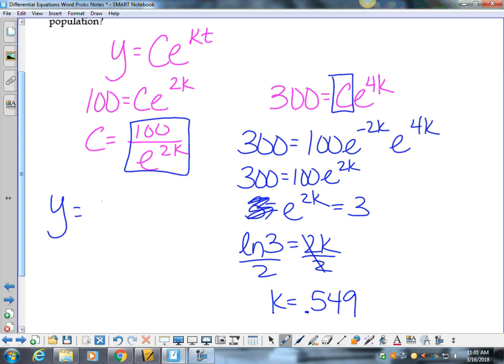I got y equals c e to the 0.549t. Right? What did it want? The original.